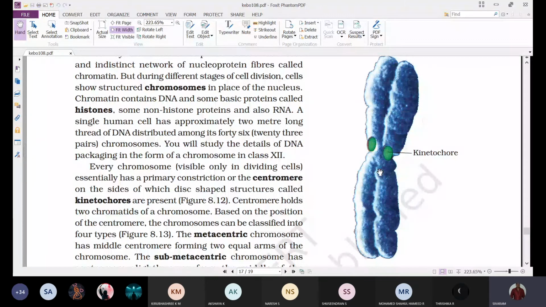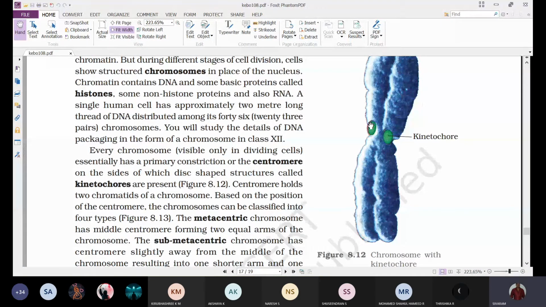This is the constriction region, this is the centromere. And on the sides of this centromere, we'll find disc-shaped structures. These disc-shaped structures we call kinetochores.